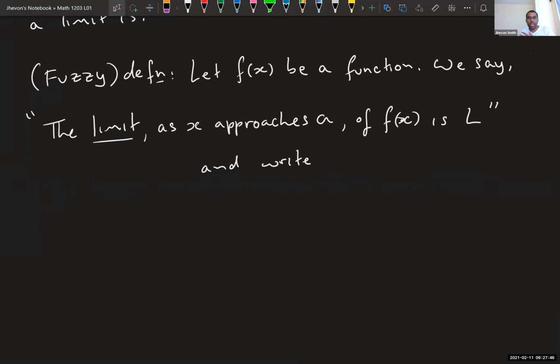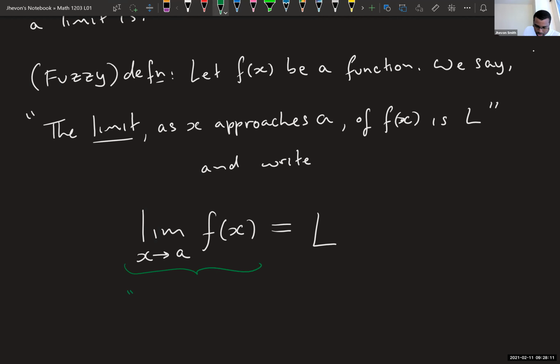The limit as x approaches a of f of x is L. So we'd write lim, the limit as x approaches a of f of x, with the f of x right beside that, equal to L. So that's what we write, and that's how we say it in English: the limit as x approaches a of f of x.